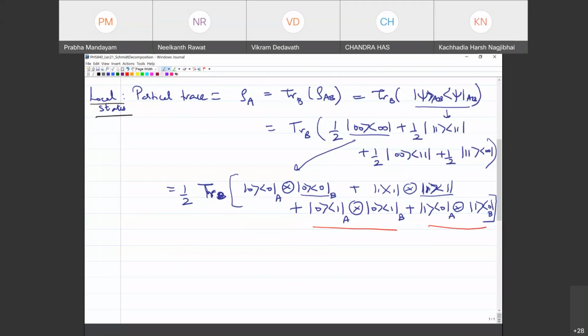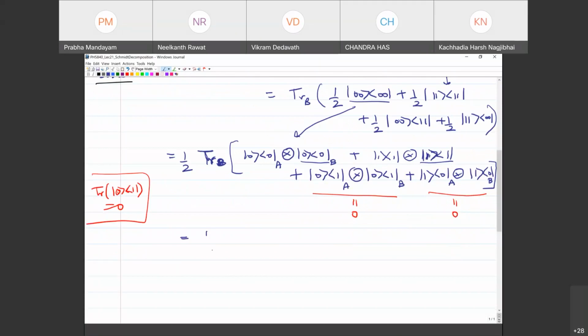So these two terms contribute 0 because the trace of the outer product of 0 with 1 is 0. So this then simply gives me half, trace B of |0⟩⟨0| is 1, |1⟩⟨1| is 1. So this just gives me |0⟩⟨0| plus |1⟩⟨1|.